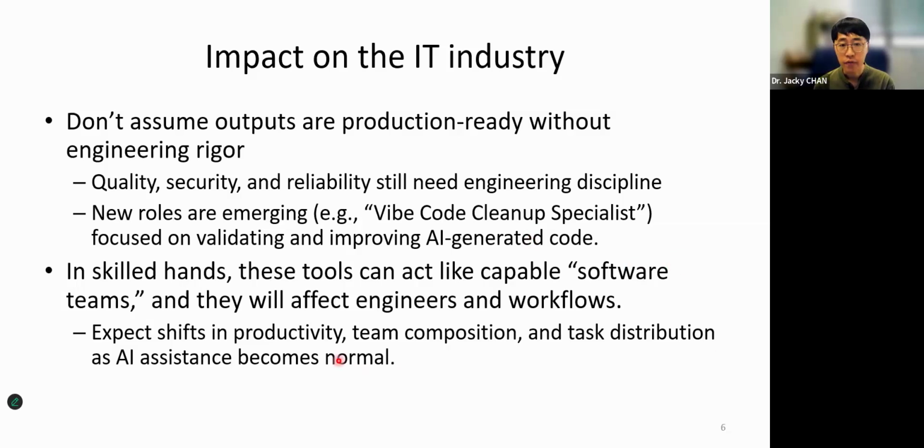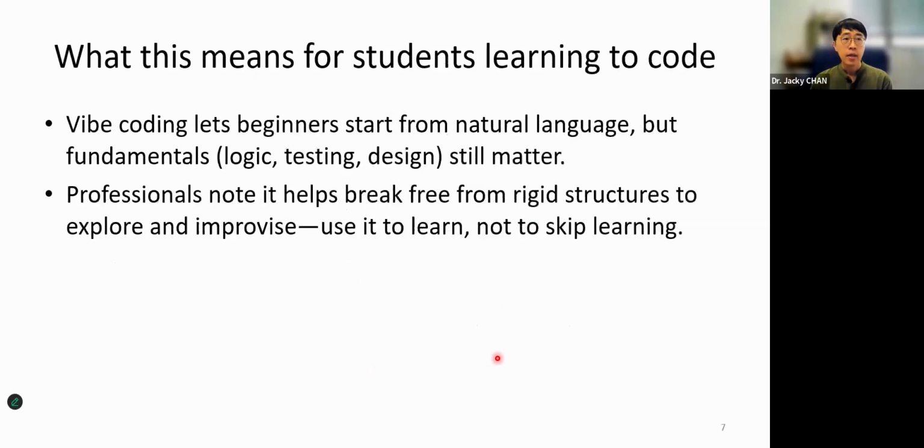And it will also affect the workforce. And what does it mean to students who would like to learn coding? Well, our suggestion is that vibe coding can help you to understand the code. But still we need to learn the fundamental knowledge.